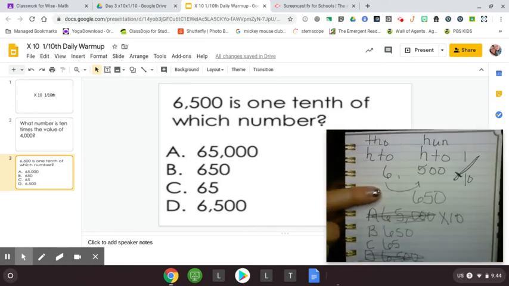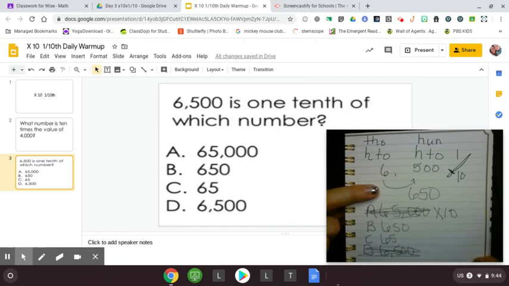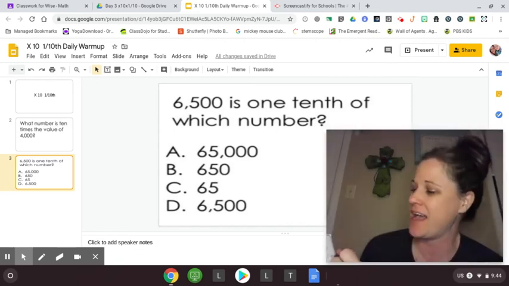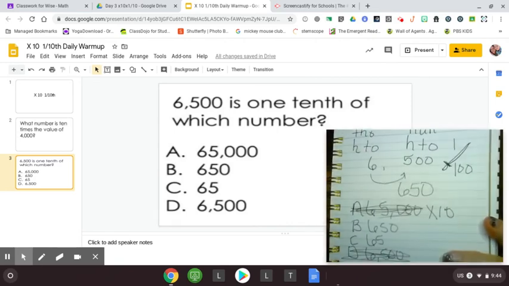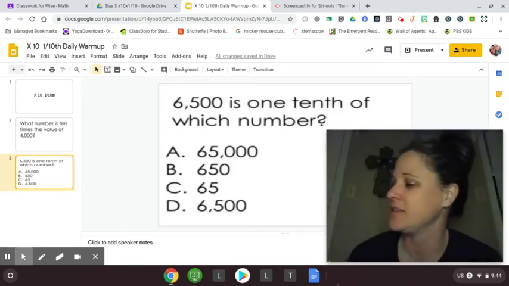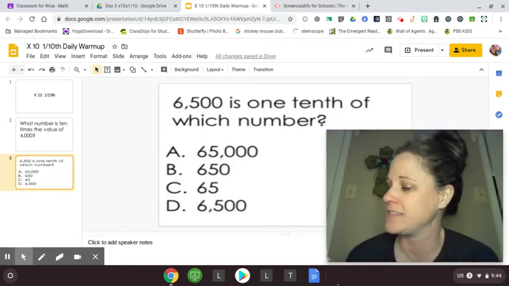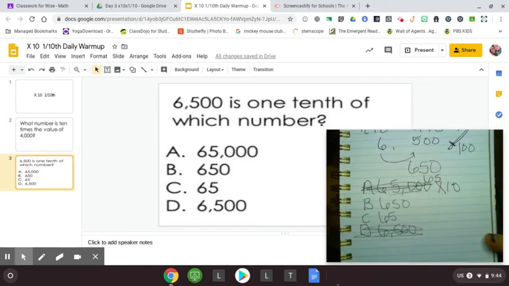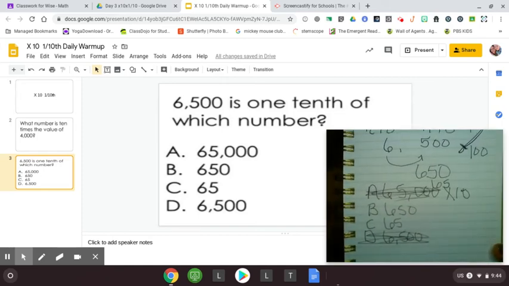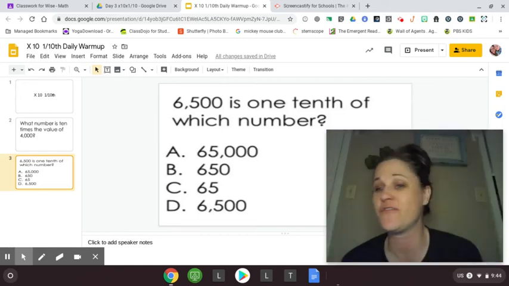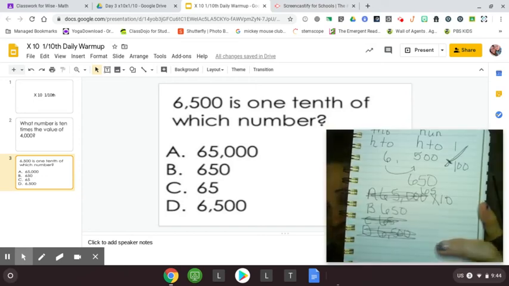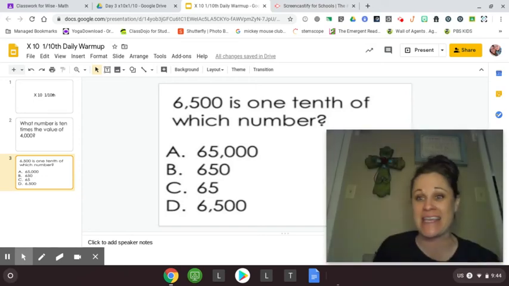We got 650. Yeah, they made it 100th of what it was. So they shifted it 2 place values and it became 65. That's not what we were looking for. We were looking for a 10th. So your answer should have been B.